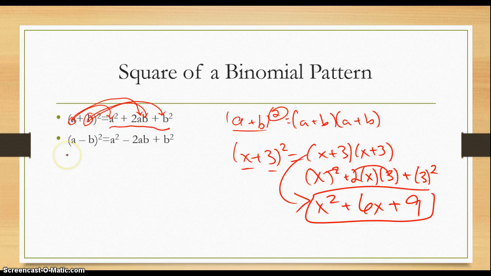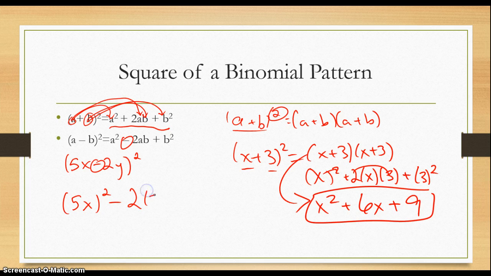So let's say we have the subtraction sign here. Let's say we have 5x minus 2y squared. So we plug in a, 5x, square it, minus now, because look at the formula here, 2 times a times my b, which is just the 2y. We're not going to take that subtraction sign in between it.